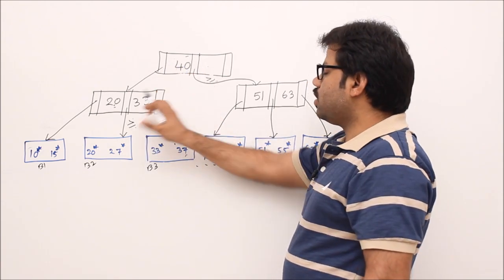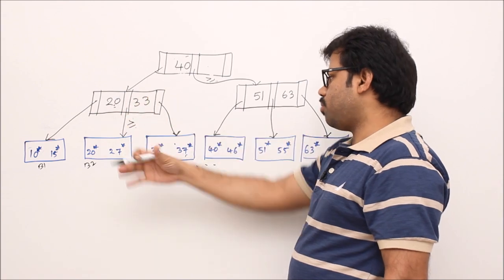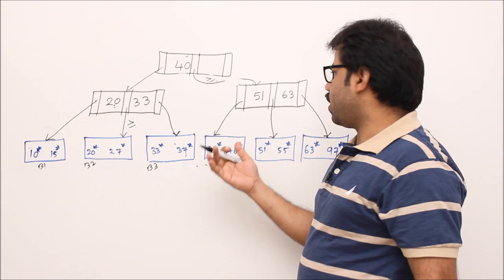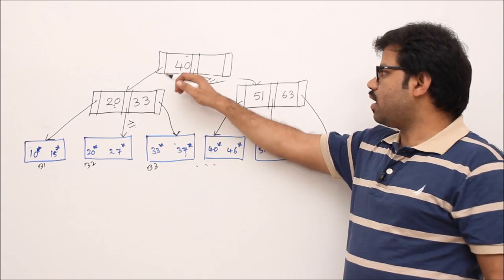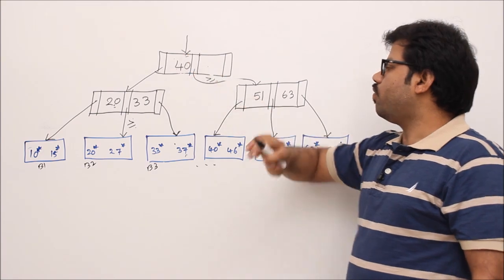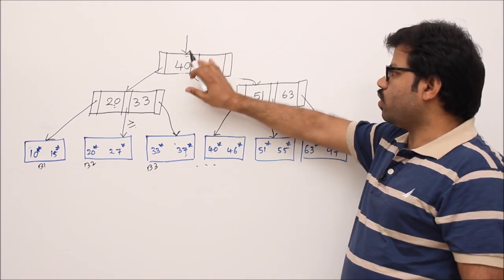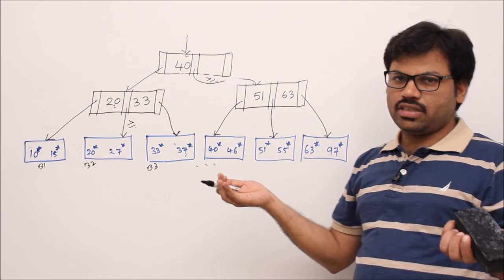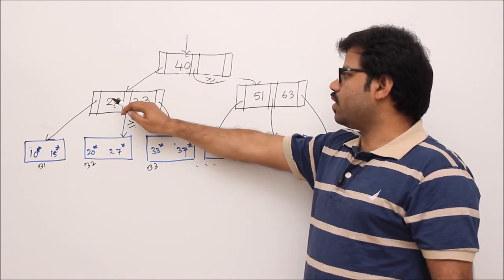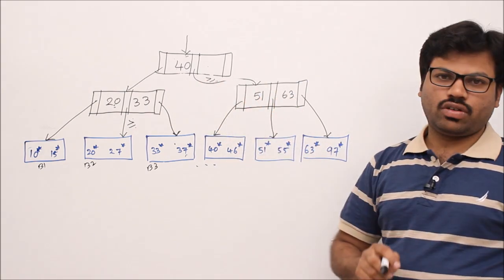All these key values are less than 40, absolutely right, and all these key values are greater than or equal to 40, perfectly right. So 40 is the right value with my logic. This part you can ignore, because storage-wise there is space, but logically the tree will be like this: 40, 40's left is this node, 40's right is this node.